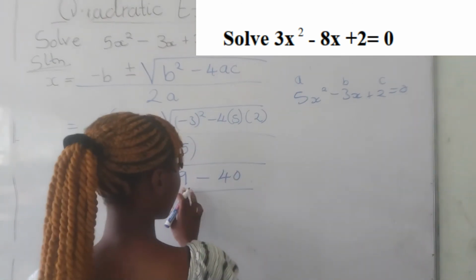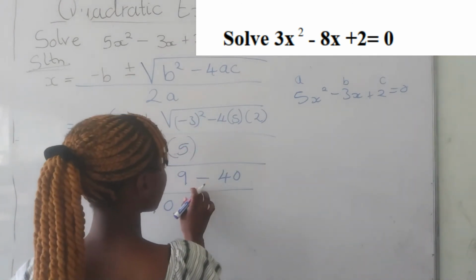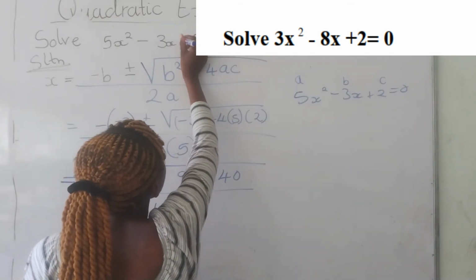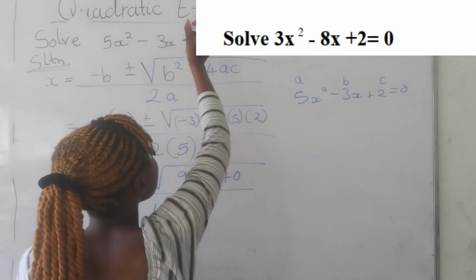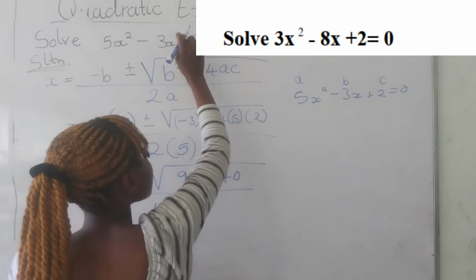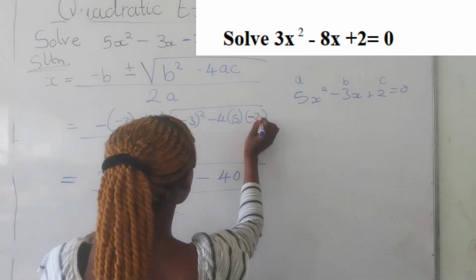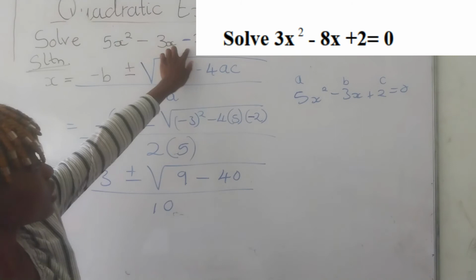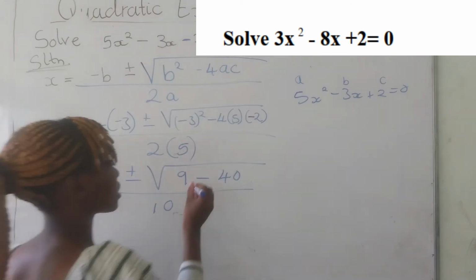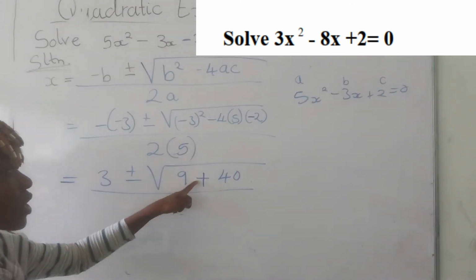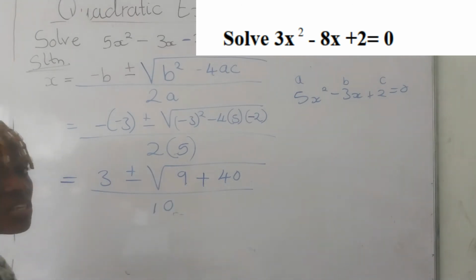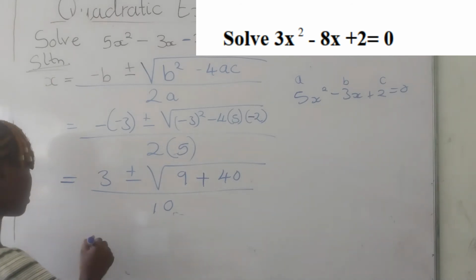Because if we have a negative in this bracket, in the root, it means there's no root of a negative. So here it's a negative and you get a negative here. If you get a negative root, then it means you failed somewhere. Because there's no root of a negative. Okay.